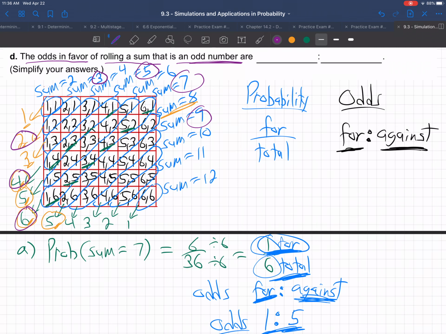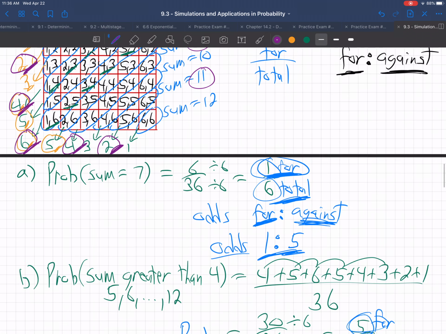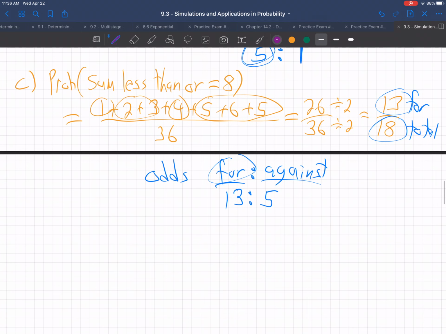Sum of 9, there's, wait a minute, 1, 2, 3, 4. Sum of 11, and there's 2. There we go. So it's 2, 4, 6, 4, 2 boxes for the different odd sums.